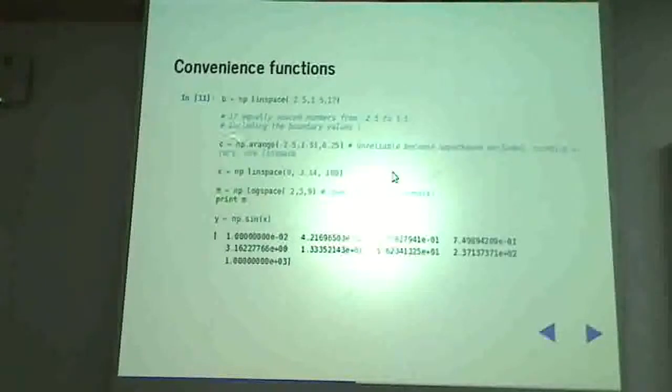Whereas np.arange is unreliable because the upper bound is excluded and rounding errors can cause problems. So if you're sure that you want to include both points at both edges, you're better off using linspace. For example, x equals np.linspace(0, 3.14, 100), and so on.